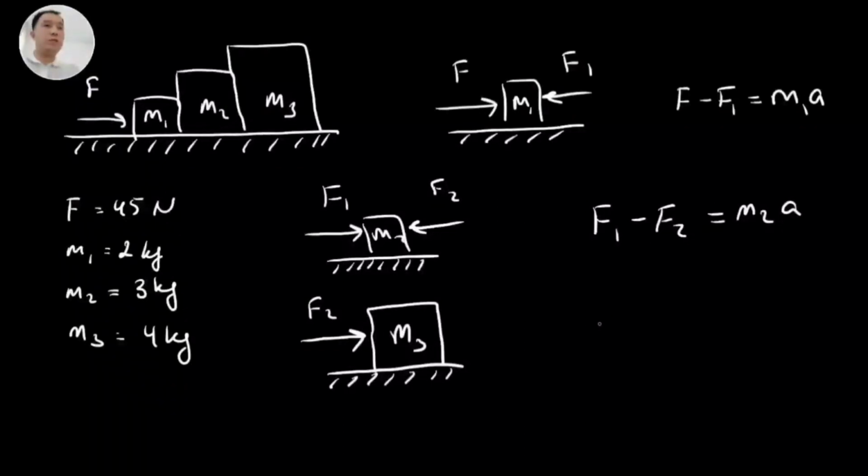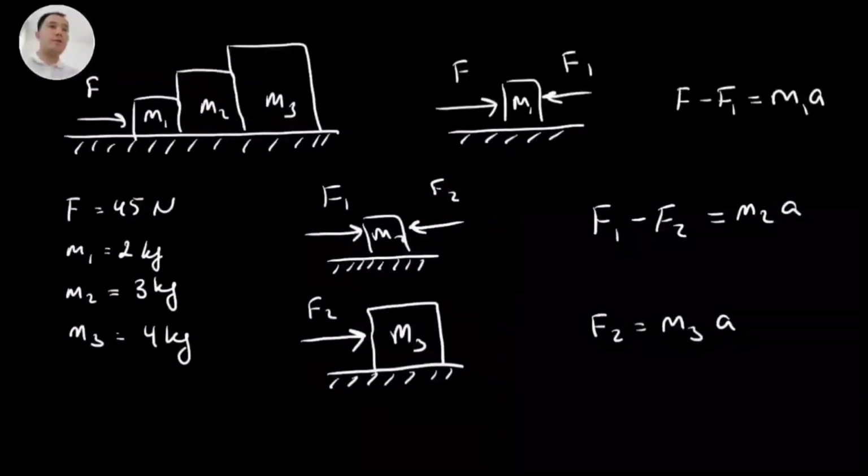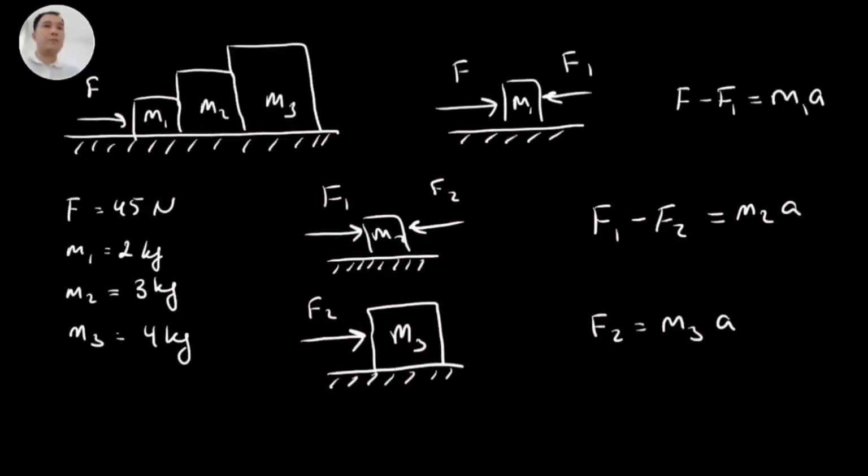By Newton's second law, F2 equals M3A. So as you see, we have three equations. And how many unknowns? F1, F2, and the acceleration. Three unknowns, three equations, so we can solve this problem.